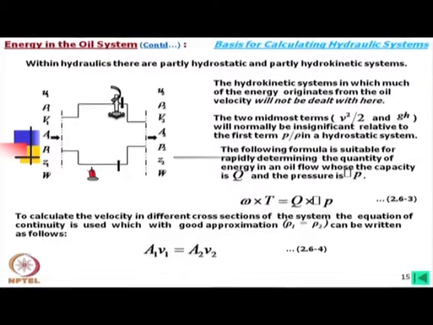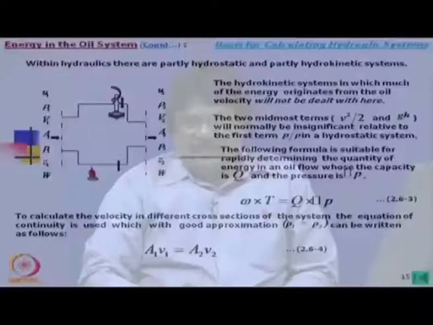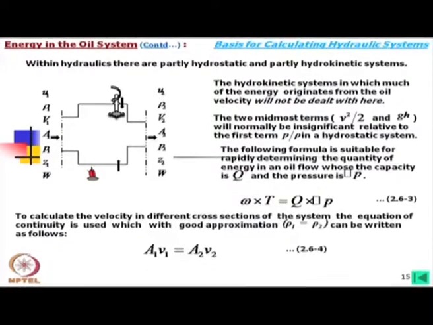So it is Newton meter per second, which gives us watt, the power. And for the flow, Q is meter cube per second and pressure is Newton per meter square, again giving Newton meter per second.